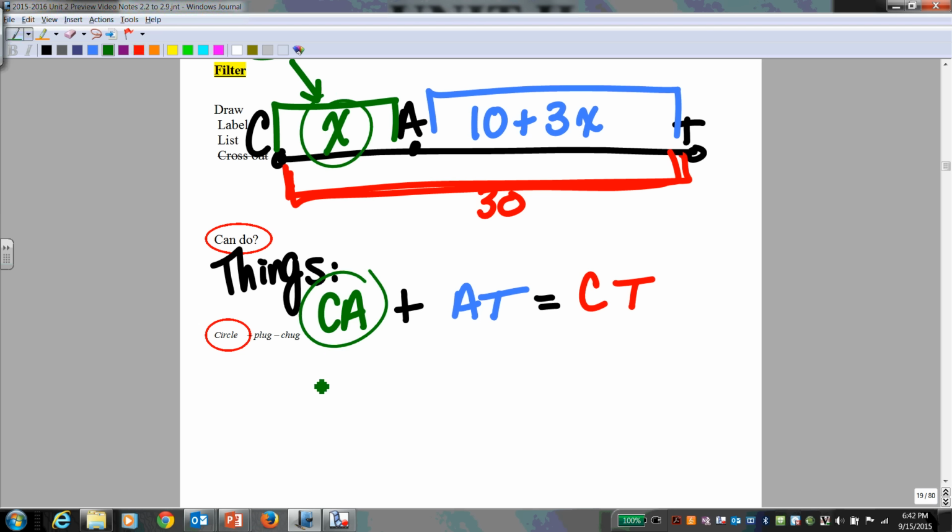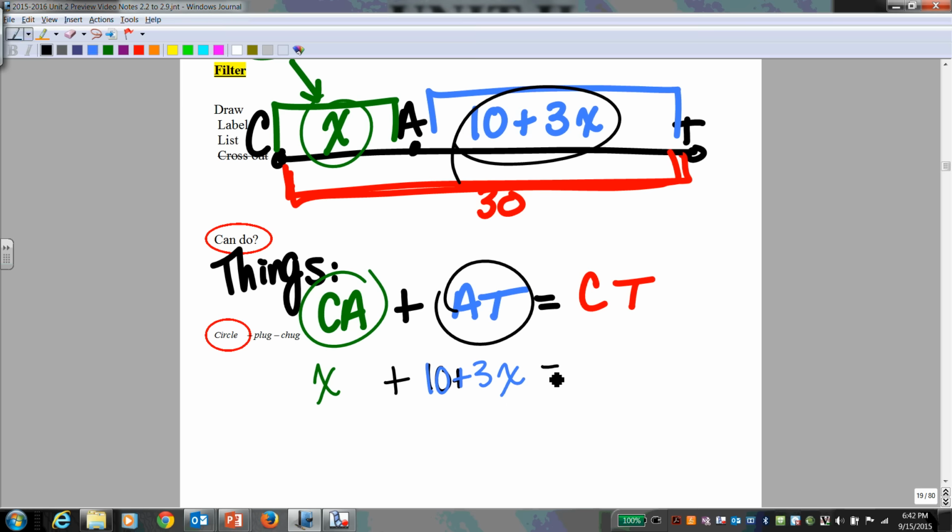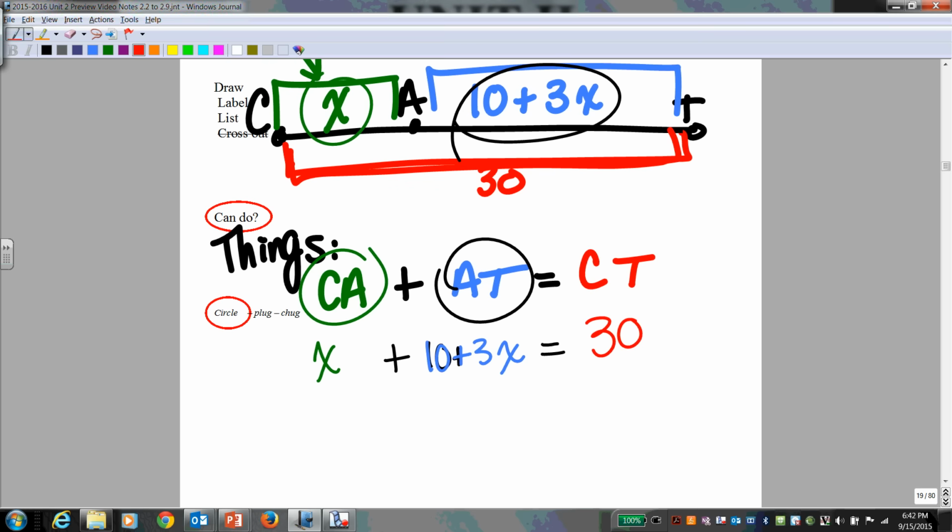CA is our unknown. AT is 10 plus 3 times the unknown. Let's keep my colors the same here. Equals 30. Let's solve. Collect like terms.